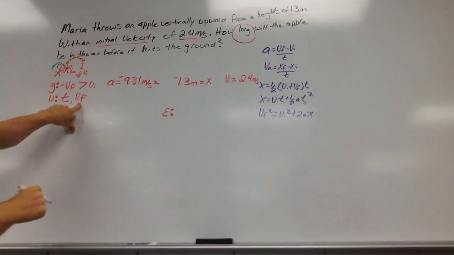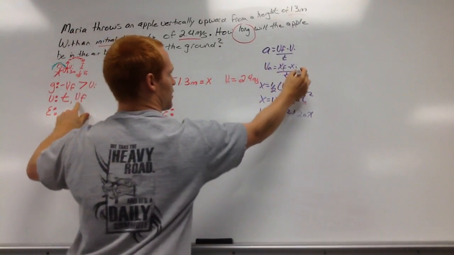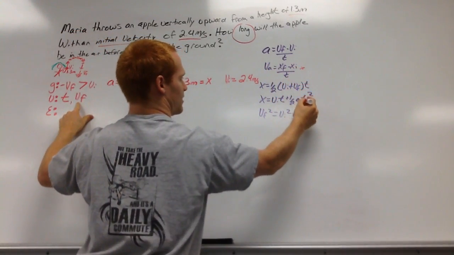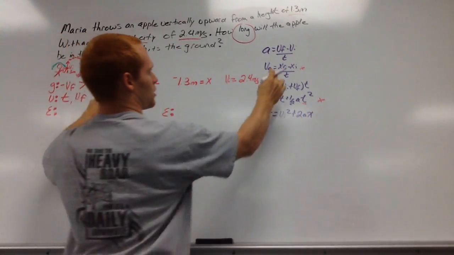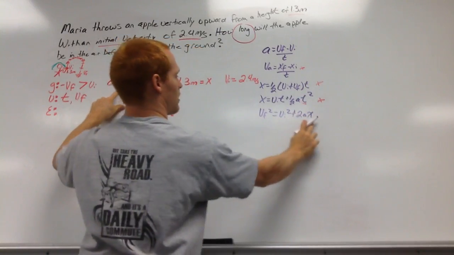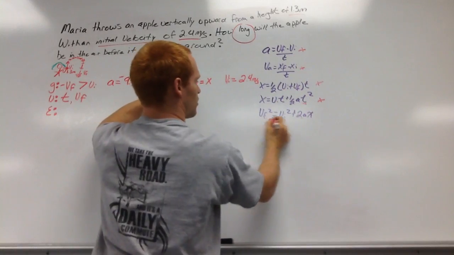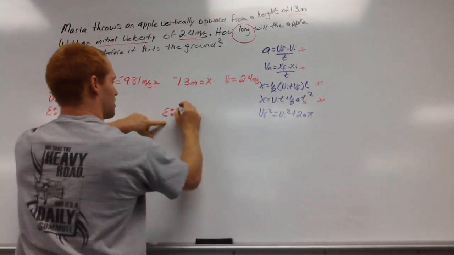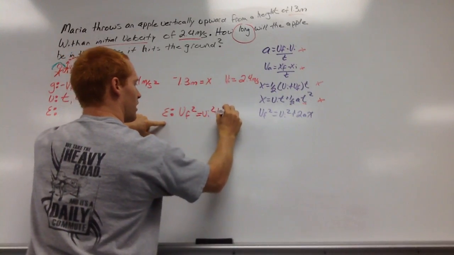So let's look for an equation that has VF. This one has VF, this one does not, and this one has it. Acceleration: it has acceleration, does not have acceleration, has acceleration. X: this one does not have x, so we're left with this one. So our equation must be VF squared equals VI squared plus 2ax.